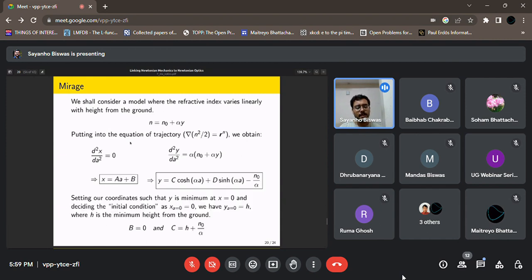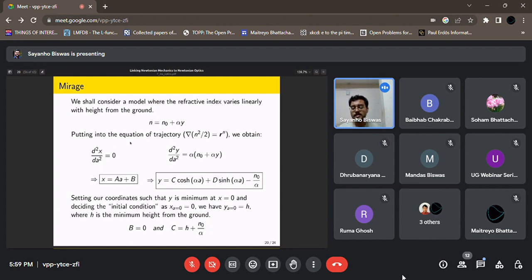If y is minimum at x equal to 0, we also put another initial condition: x at a equal to 0 is 0. That means setting a equal to 0 is similar to setting time equal to 0. Nice. And if we put a equal to 0, at that point we are putting x equal to 0, and we have y at a equal to 0 to be h.